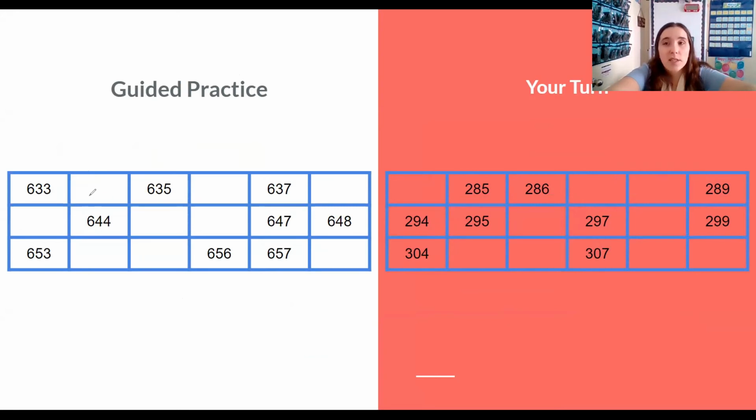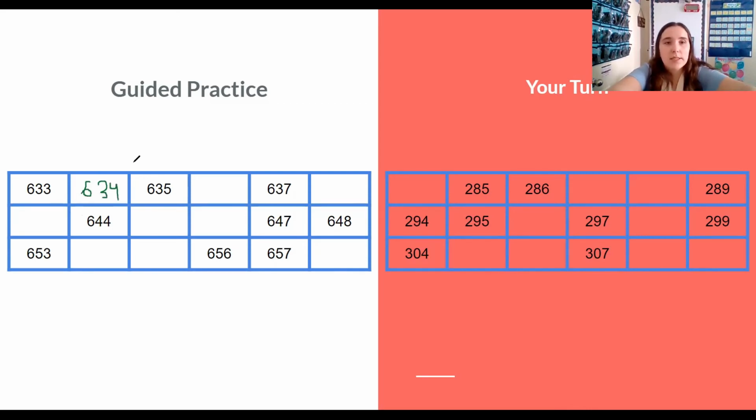So I think I'd go 634 here because that would just be adding 1. I can also double check because my next row down has 644, and every row I go down, I'm increasing by 10. So if this is 644 down here, this would have to be 634.